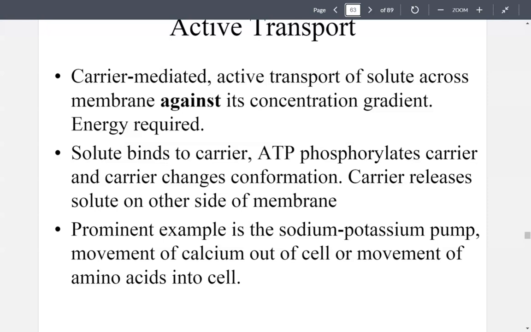That carrier protein will change shape based upon the activation of an ATP molecule, allowing for the solute molecule, whatever is bound, to move across the membrane.